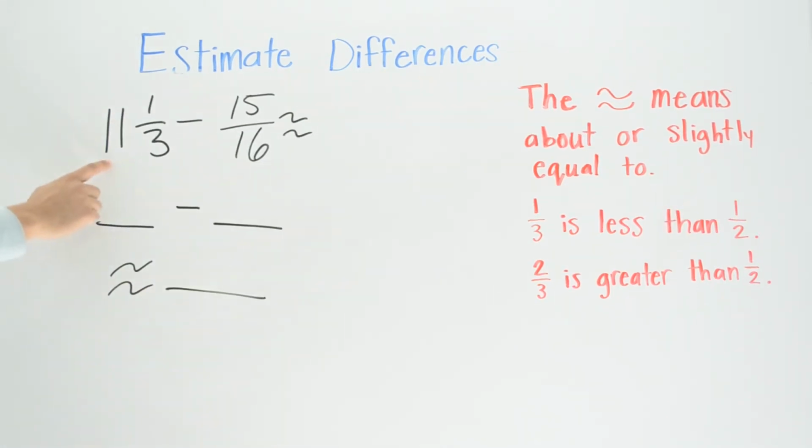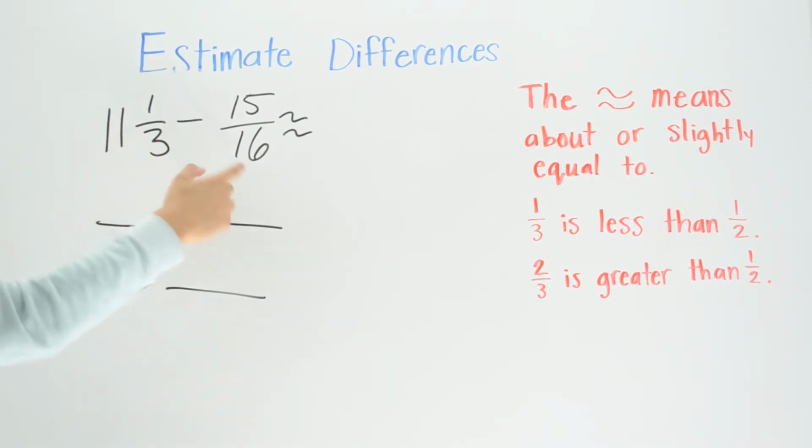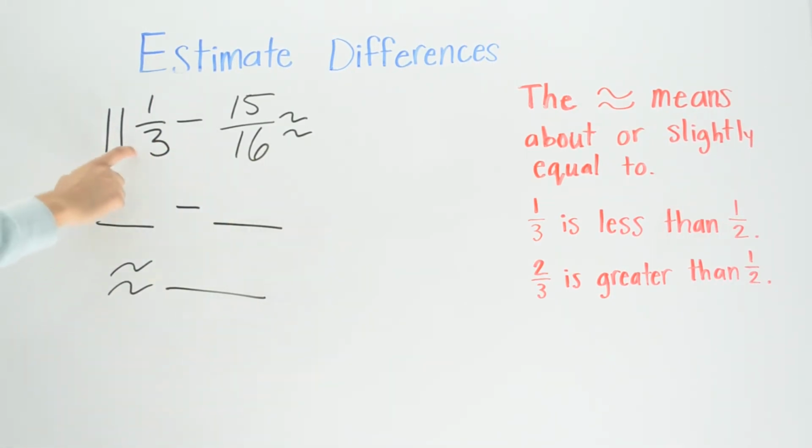On this problem, we have 11 and 1/3 minus 15 over 16. I'm going to start with the 3. We know that half of 3 is 1.5, so 1 is less than that. It's less than half, so we're going to leave it as 11.